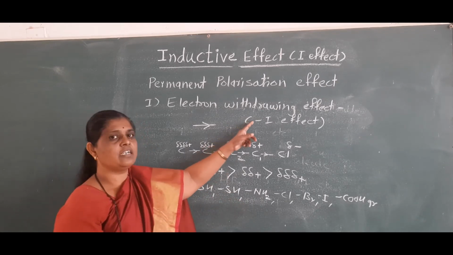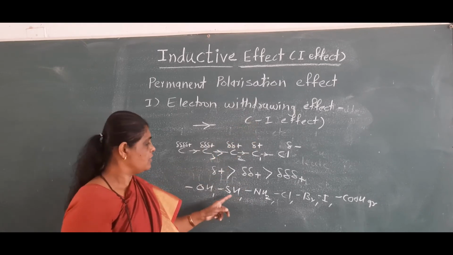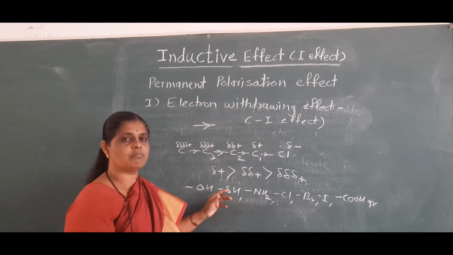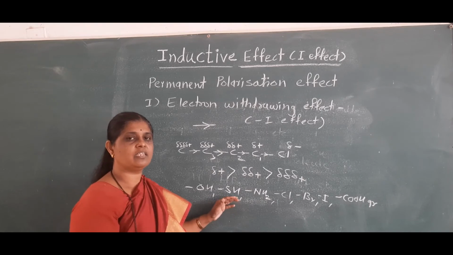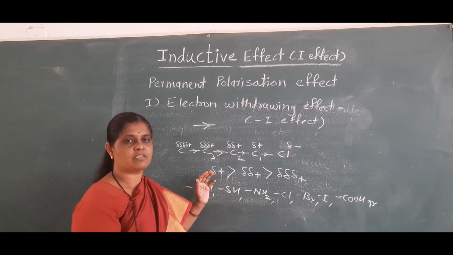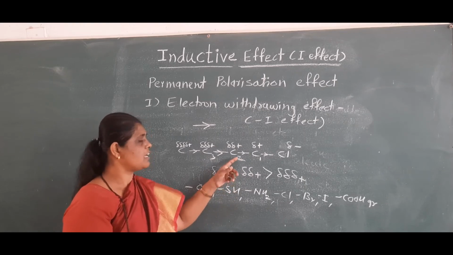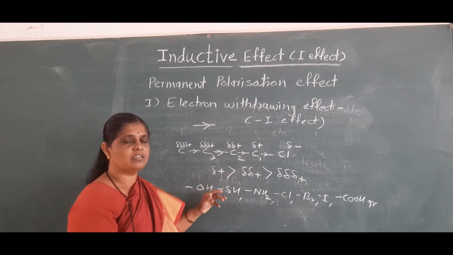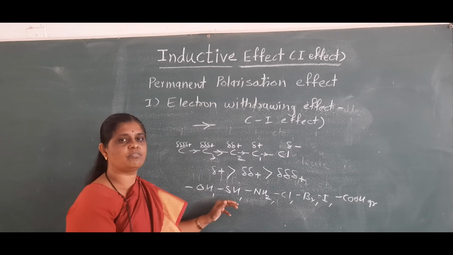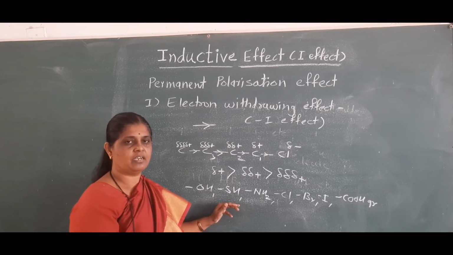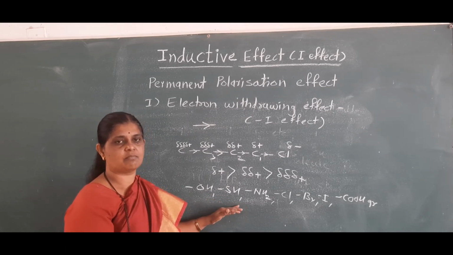This is regarding inductive effect. Those groups show minus I effect when they are attached to a carbon system. This is the carbon system, and when such groups are attached to it, they show electron withdrawing inductive effect, and it is shown through sigma bond.